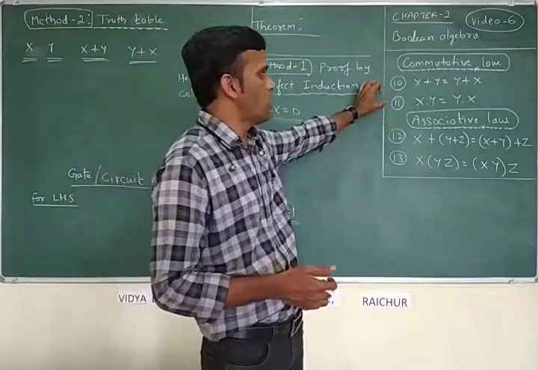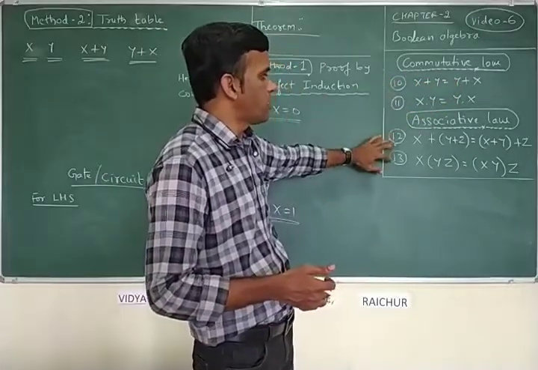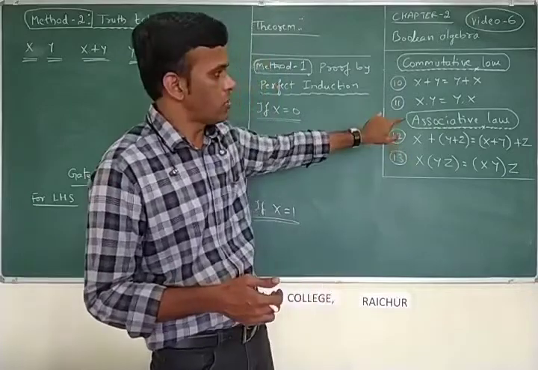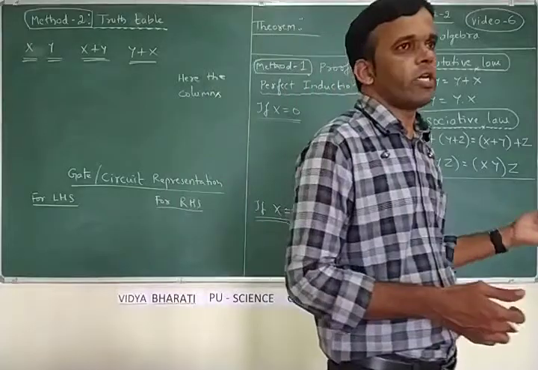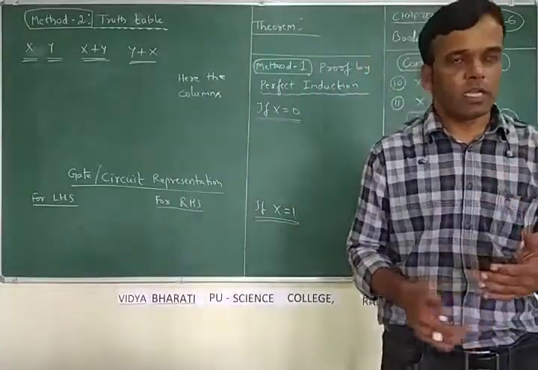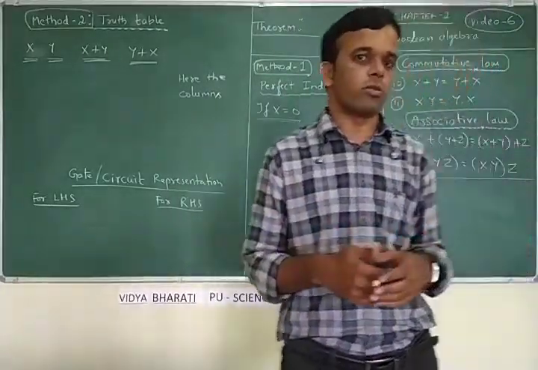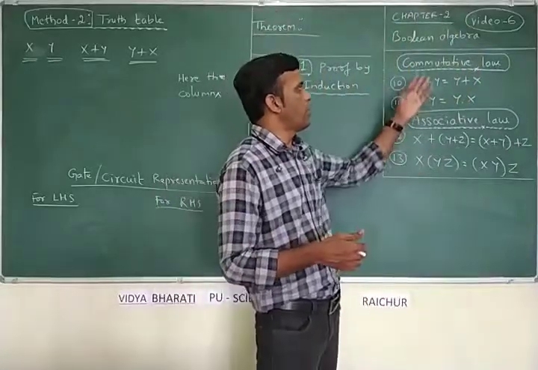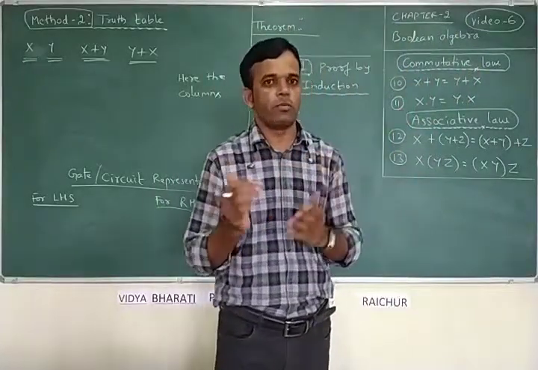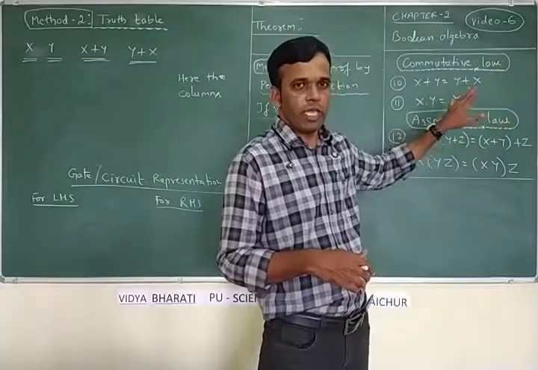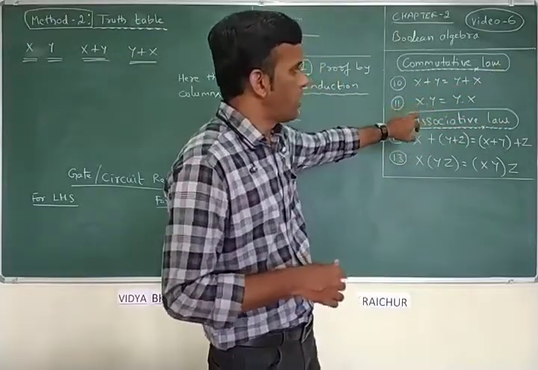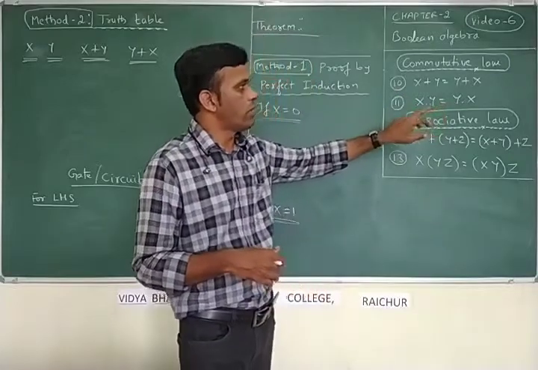These two are commutative laws, and these two are identified as associative laws. We are all familiar with the commutative law and associative law. Even in Boolean algebra it holds good. Commutative in the sense we are interchanging the variables. So x plus y is nothing but y plus x. Likewise x into y equals y into x.